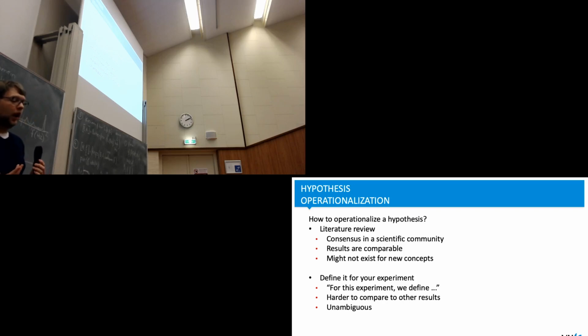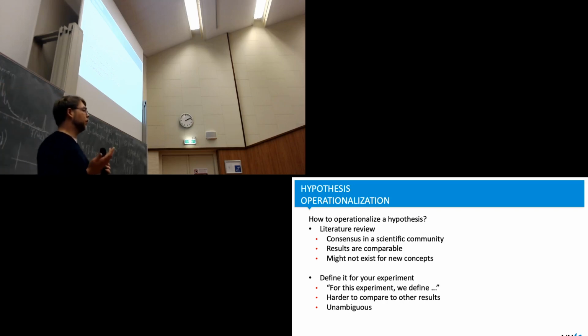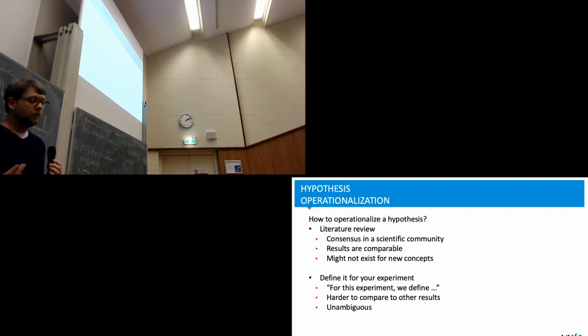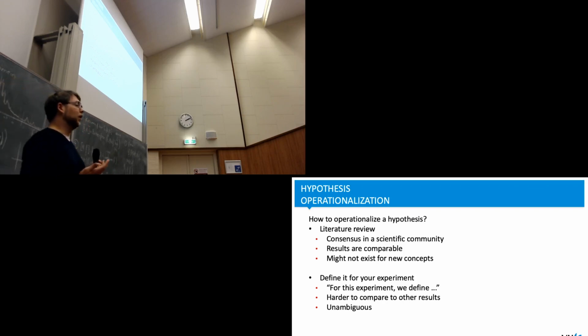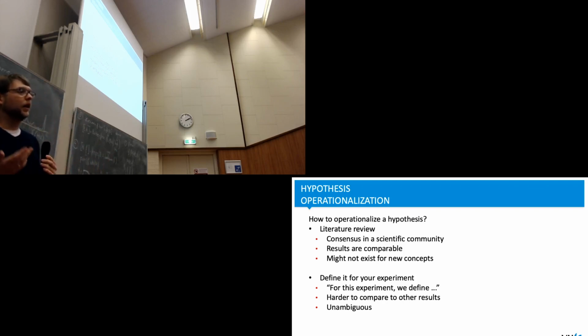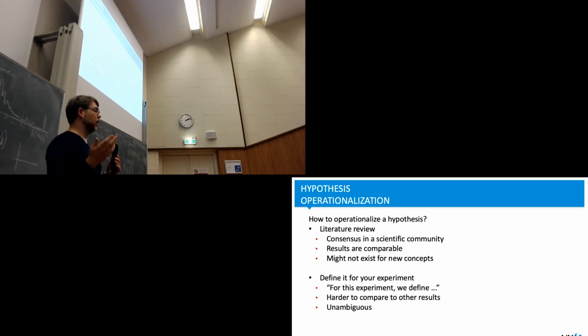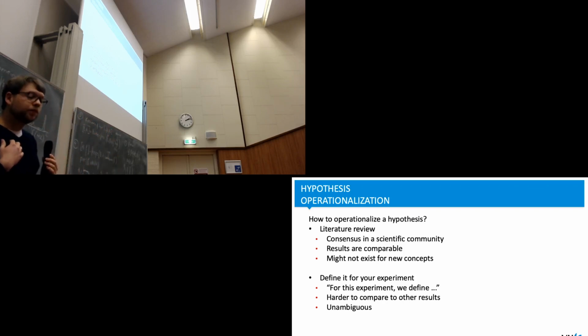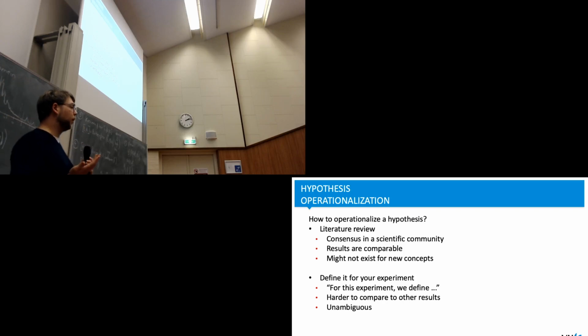What you then can do is simply define your measurement for your experiment, explaining in your experiment design and in the reporting later on, we define something as such, and this is how we measure it. Then it's harder to compare it to other studies, but if you don't have the chance to have a comparable measurement, that's better than nothing. Also, it has a bit of vagueness, in that others might not be convinced by your argumentation that you're using the right measurements.